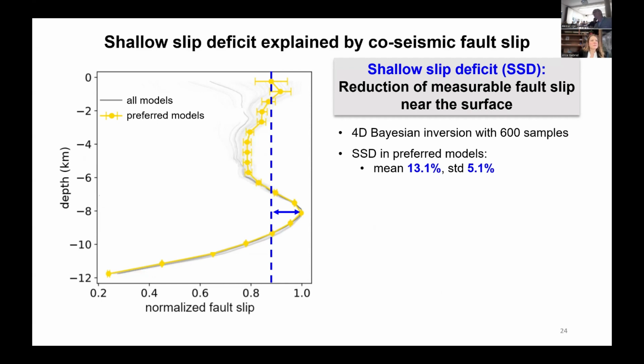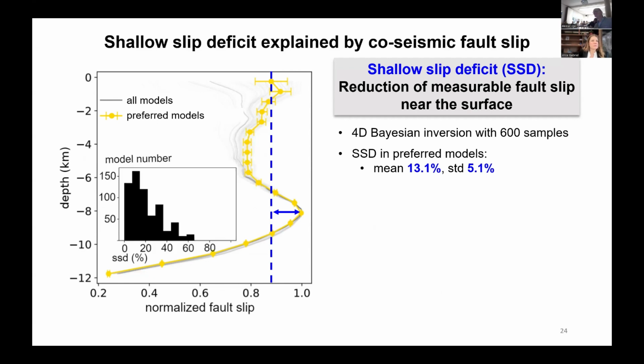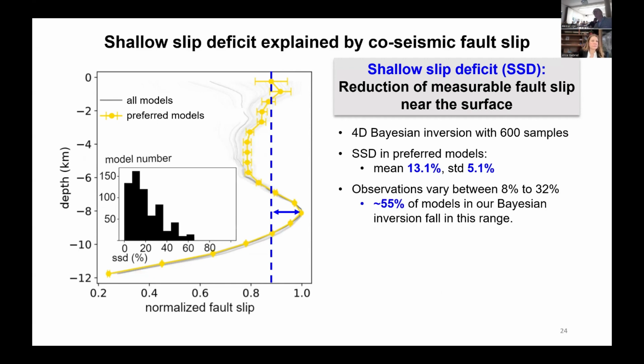The question is how well this matches the observations. We can use the histograms of the SSD to answer this. From the observations, we see a variation of the SSD between 8% and 32% for this specific earthquake, and in our inversion, 55% of the models fall in this range.